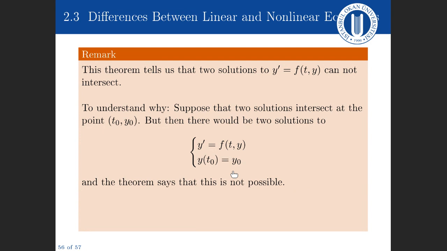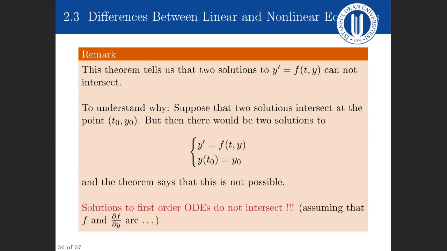The theorem says we can only have one solution. So the key idea to take from this section, an idea which we will be using next week, is that solutions to first order ODEs do not intersect. And that's with the proviso that f and df/dy are continuous on a rectangle, etc., etc.